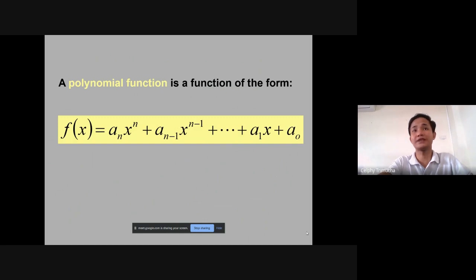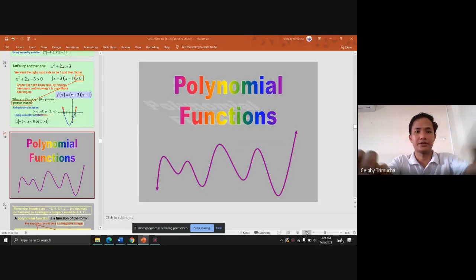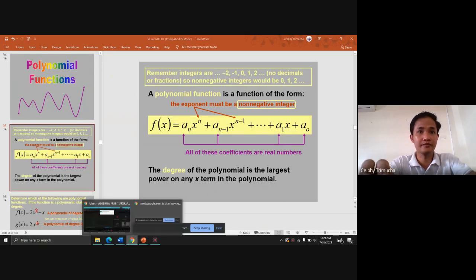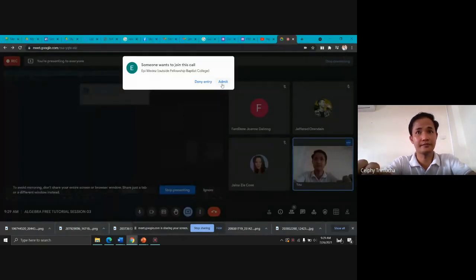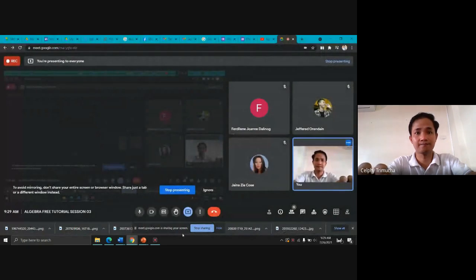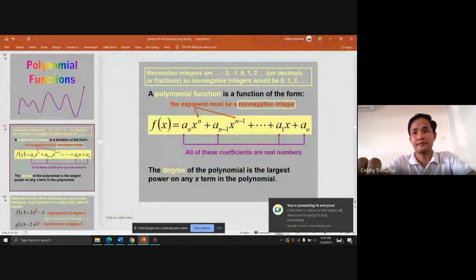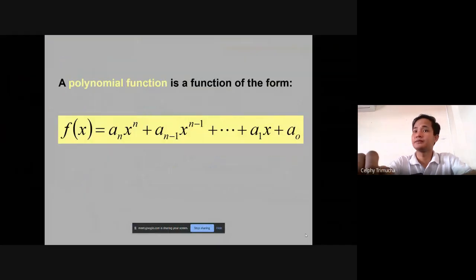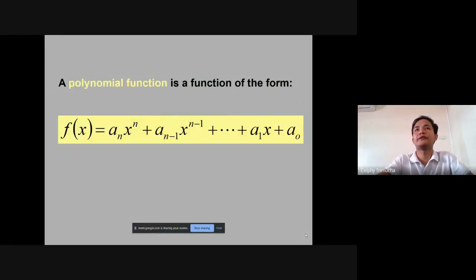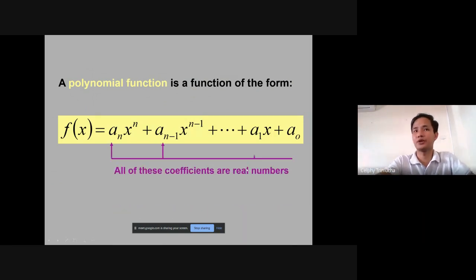So how do we identify if a certain function is a polynomial in its certain form? So we have here a specific function which tells us that this is a polynomial function.